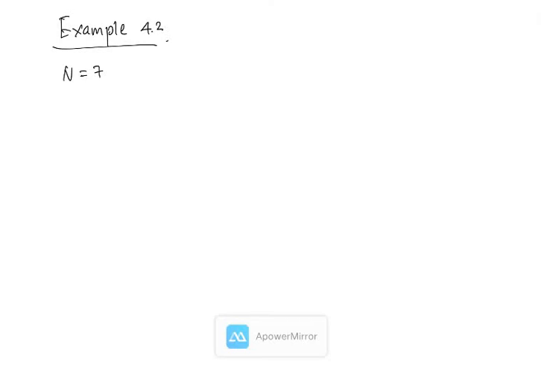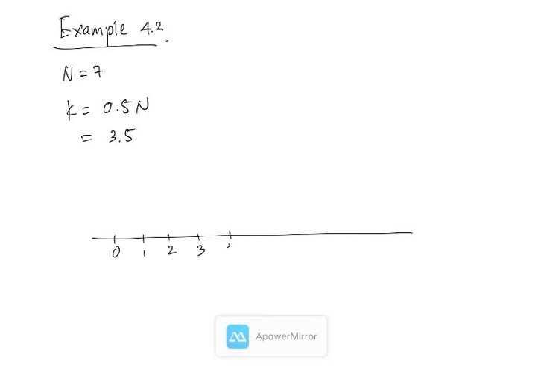So when n equals 7, k is equal to 0.5n. This is 3.5. So this means that all the values above 3.5 will be repeated symmetrically. So when I draw 0, 1, 2, 3, 4, 5, 6, this is the 3.5.